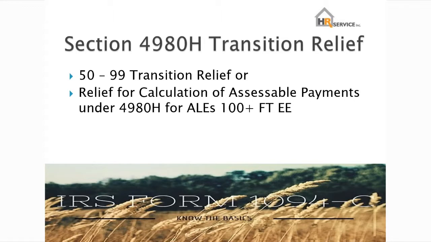You can check this box if this applies to you, or if you qualify for relief for the calculation of assessable payments under 4980H for applicable large employers with 100 or more full-time employees. I'm going to reference you to section 4980H for additional details there.